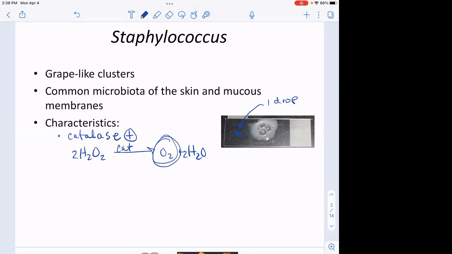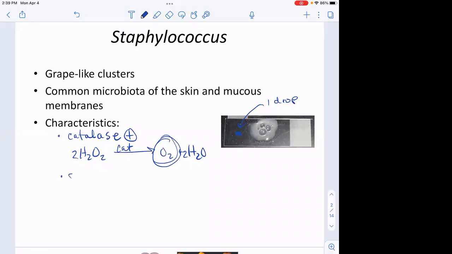The streptococcus don't make catalase. But lots of organisms make catalase, so don't say that if it makes catalase, it must be staph. Lots of gram-negatives make catalase. Bacillus makes catalase, Clostridium doesn't. So it's a very common enzyme, but it is helpful to distinguish between staph and strep.